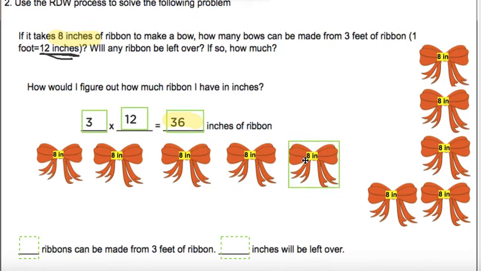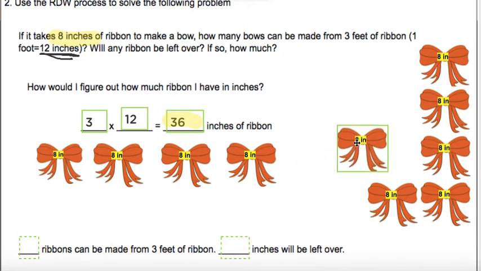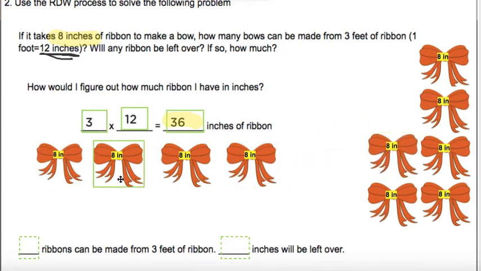So do I have enough to make this last bow, this 5th bow right here? No, I don't have enough. We can only make 1, 2, 3, 4 bows. And then how many inches would be left over? As a reminder, all 4 bows takes 32 inches.